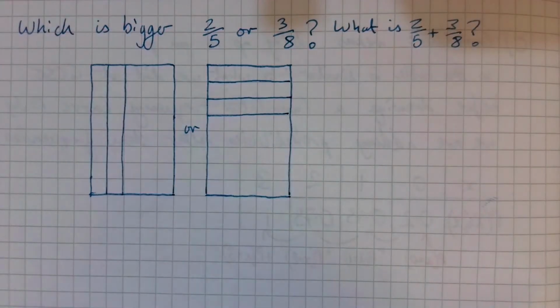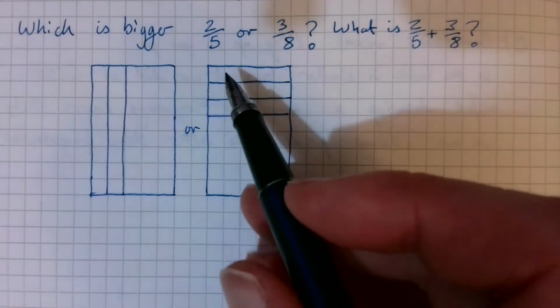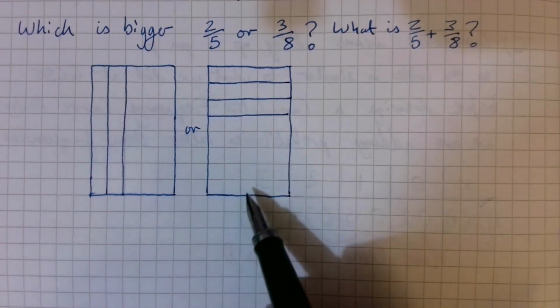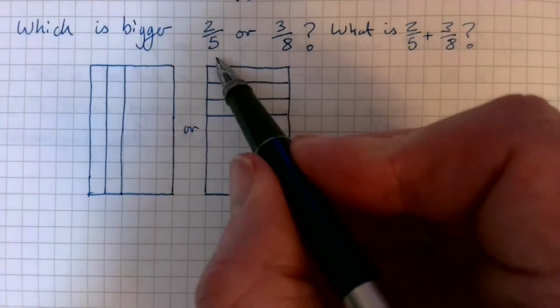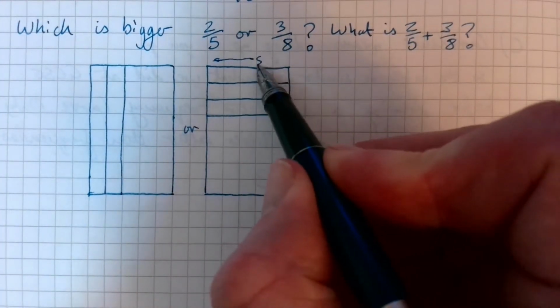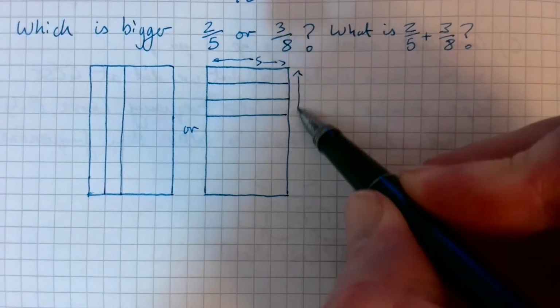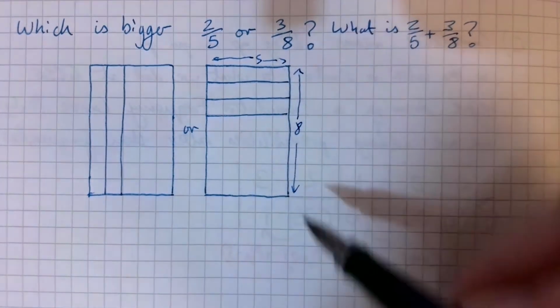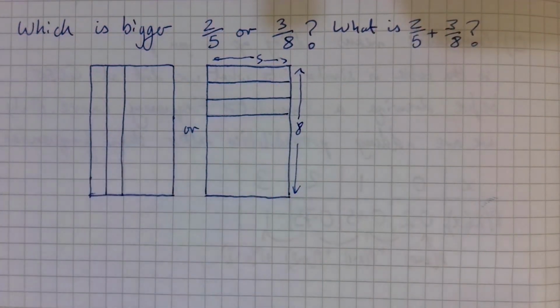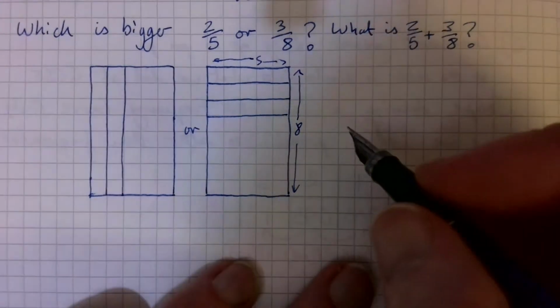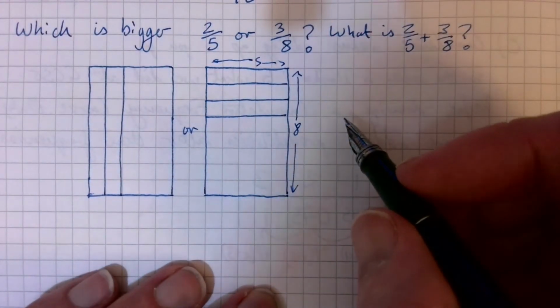That's that much. Right, how many squares have we got all together in one of our rectangles that is representing our whole? We've got 5 going across by 8 going down. So the area of that, the number of little squares making up the whole rectangle, is 5 times 8 is 40.